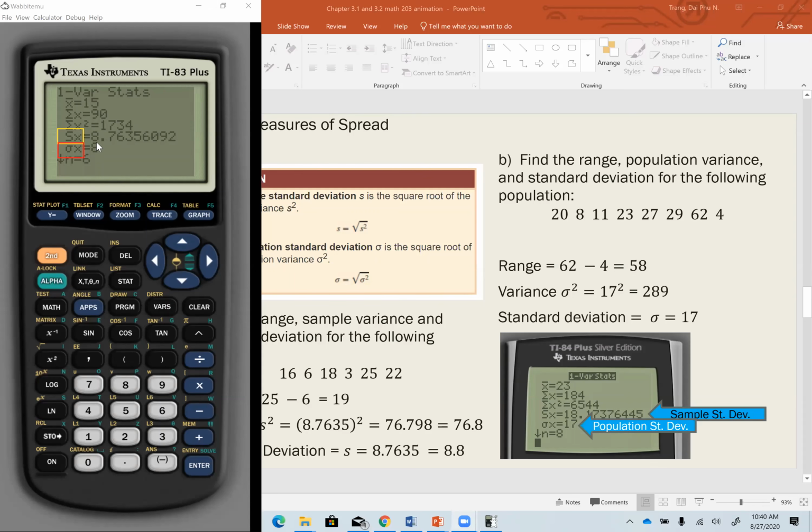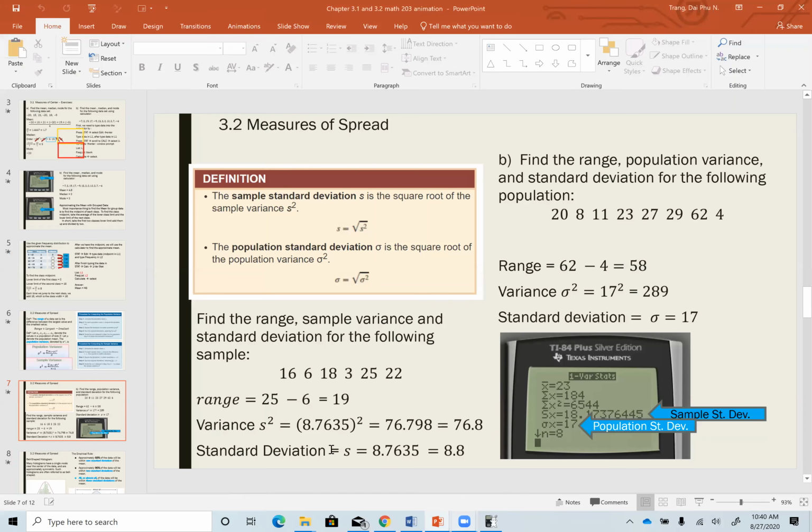Reminder, if they give you the variance, we take the square root of the variance to give us the standard deviation. But if they give us the standard deviation, how do I find the variance? Well, if they give us the standard deviation, all we need to do is take the standard deviation and square it.